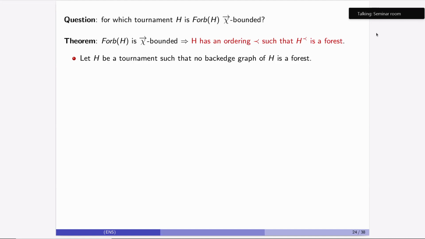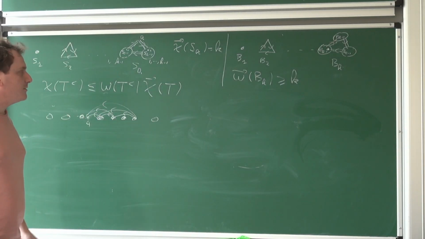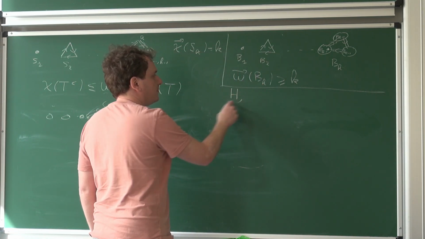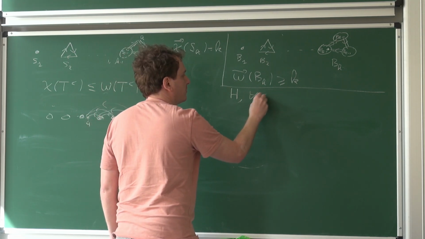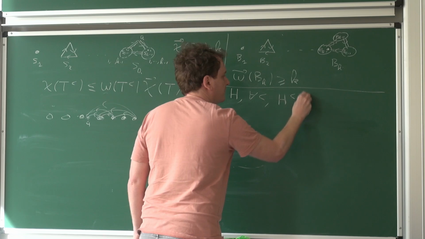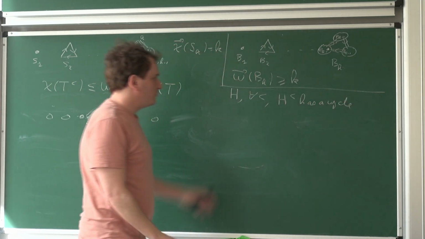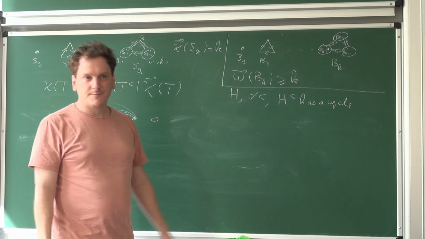It's again a corollary of the fundamental inequality. So take a tournament H such that for every ordering, the back-edge graph has a cycle. And you want to prove that Forb(H) is not chi-bounded.